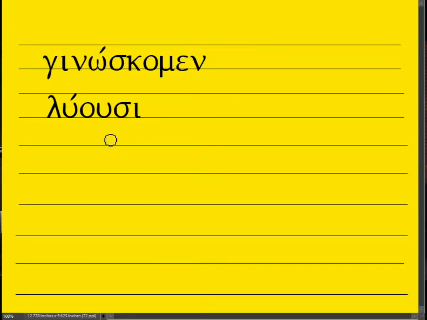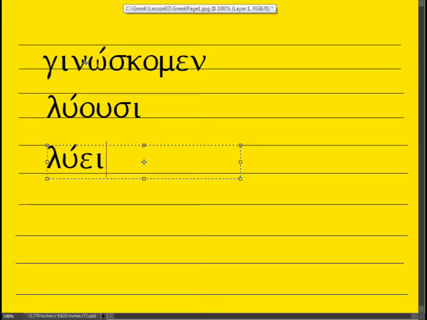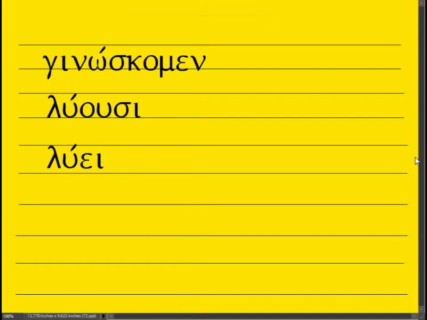The last of the exercises that we'll illustrate here, let's go to number 3, and it says "he is loosing," so we have the same word. The stem is lu, and then for "he is loosing," I know that the ending is -ei. Again, I might ask myself, what am I going to do with the accent here? But I have an answer that is readily available. I notice that this is a diphthong.